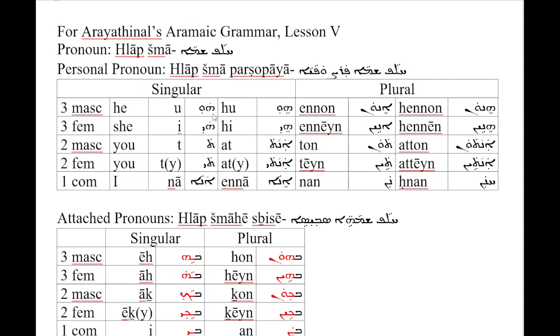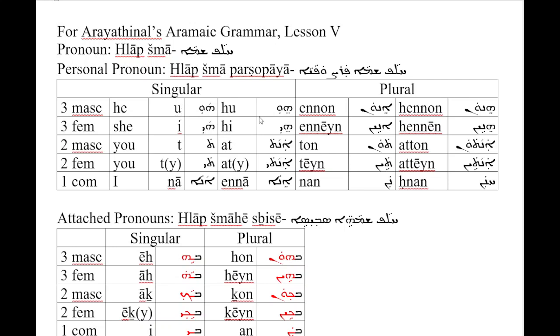There's a short form, u, that's used to connect. So if you want to say it is Paul, or Paul is, Paulus u. You would say Paul, and then you would just add u. The only thing you're adding is u.